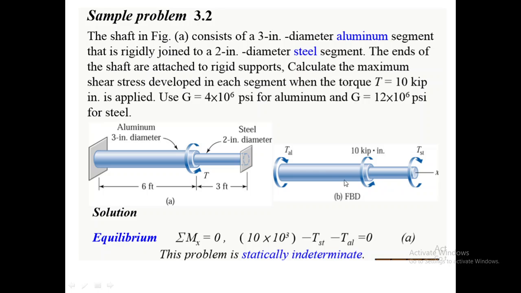So 4.5 plus 5.5 will be equal to 10. If you apply 10 Newton meter at this portion, the steel part will take 4.5 and the aluminium will develop 5.5 Newton meter of the torque. So this applied torque will be shared by these two portions of the material.